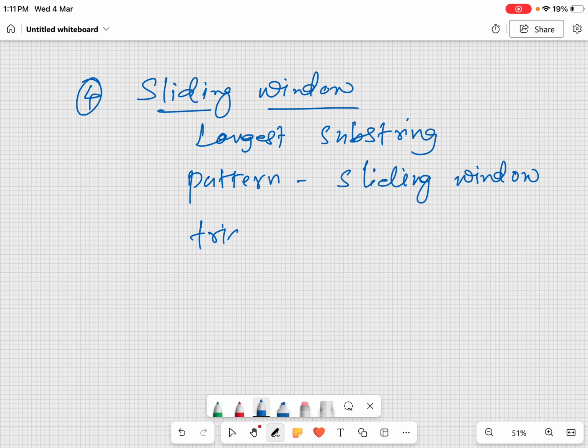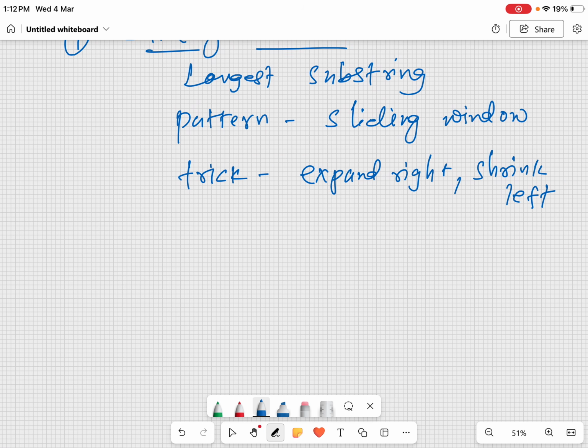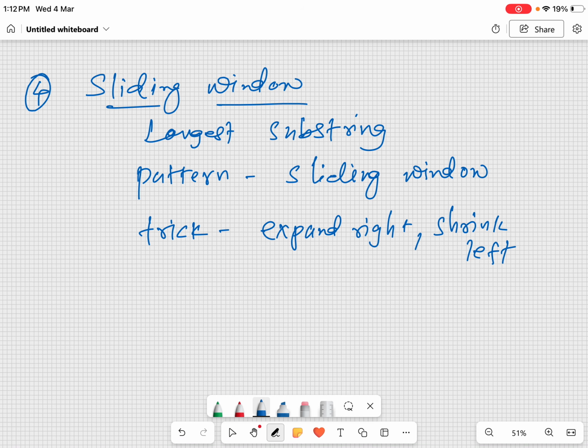The trick we follow here is expand right, and shrink left. This we can easily remember, right? The sliding window is commonly used in substring problems. We expand the window to the right, and if the condition breaks, we shrink the window from the left. So substring equals sliding window. We can remember this.